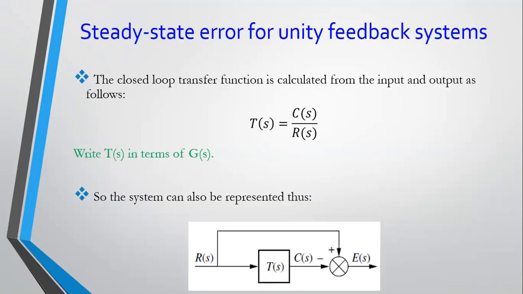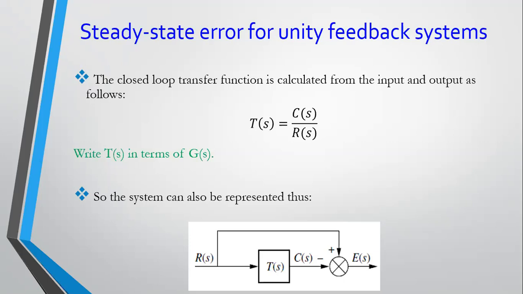To reconstruct the error, you would have to add a summing point where you take the desired input R and subtract the output to get this error signal. This summing node is not typically found in the formulation of the control system in closed loop configuration. But if you want to generate the error E when you're given the closed loop form, you would have to add this summing node.